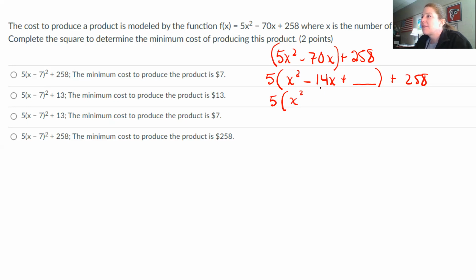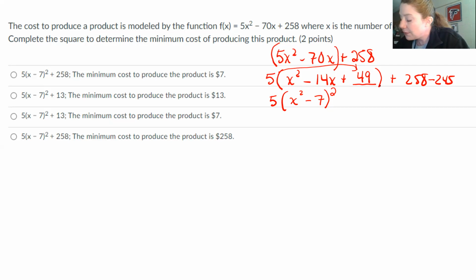And what's -7 squared? It's +49. Since we added 49, we have to actually subtract it. But it's not just 49, it's 5 times 49, so you have to subtract 5 times 49, which is 245.